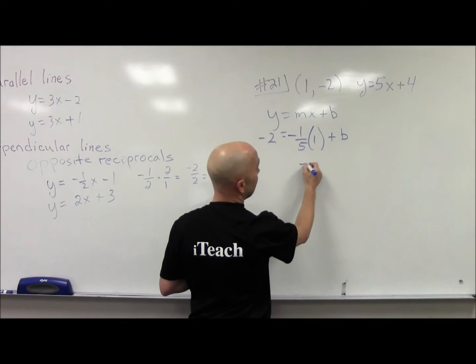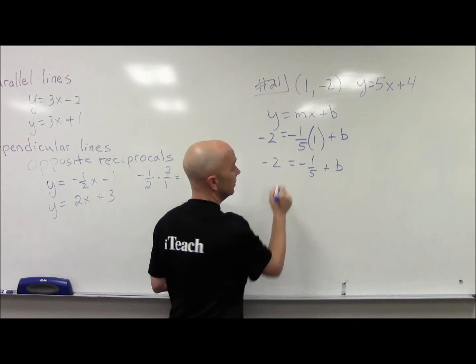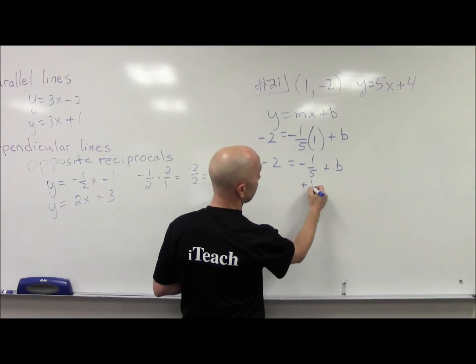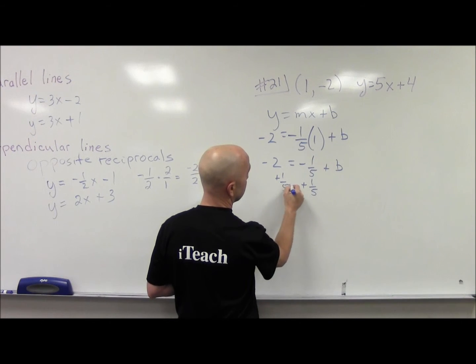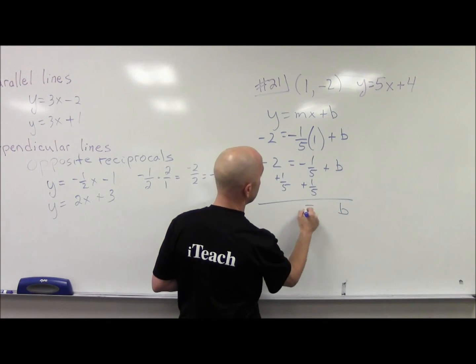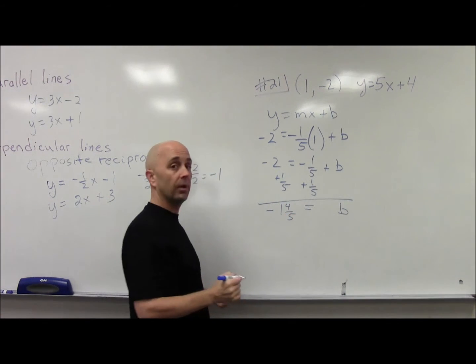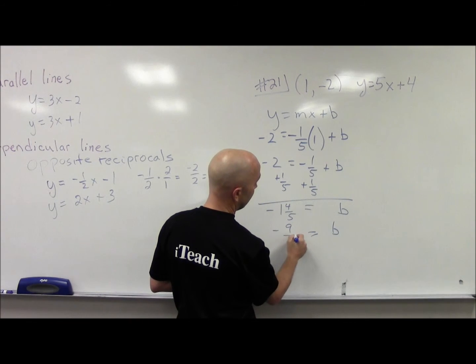Doing the math here, we get negative 1/5 plus b equals negative 2. So I've almost got b by itself. If I add 1/5 to both sides, then b would equal negative 1 4/5. Or another way to write that would be b equals negative 9/5.